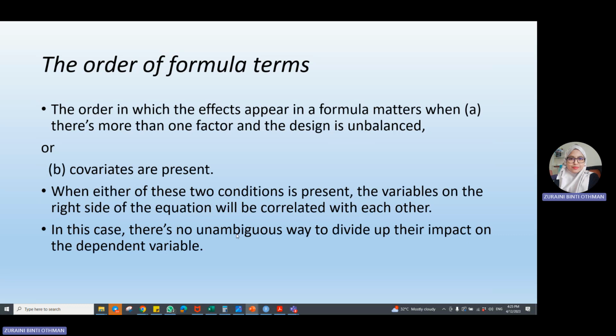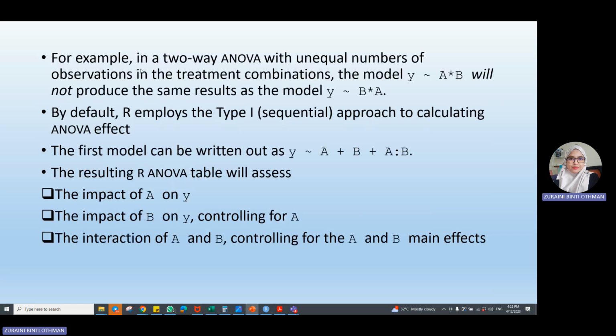In this case, there is no unambiguous way to divide up their impact on the dependent variable. Okay, this is an example in two-way ANOVA with an unequal number of observations. In the treatment combination, the model Y tilde A times B will not produce the same result as Y tilde B times A.